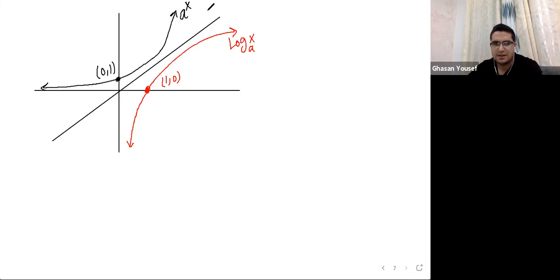This line is y equals x. This means both of the functions are inverse to each other. So the logarithm function is the inverse of the exponential function, and the exponential function is the inverse of the logarithm function. That's why they reflect around this line, y equals x.